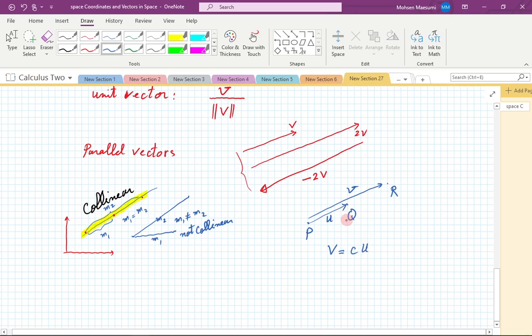Like if one of them is double the other one, three times the other one, or minus 5 times the other one. If it so happens that one vector is a multiple of the other one, then you know that these are parallel, and therefore they are all going to line up.